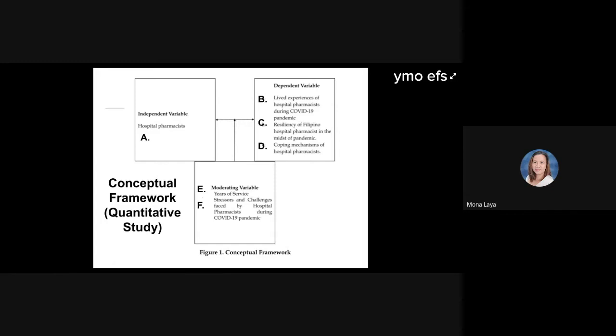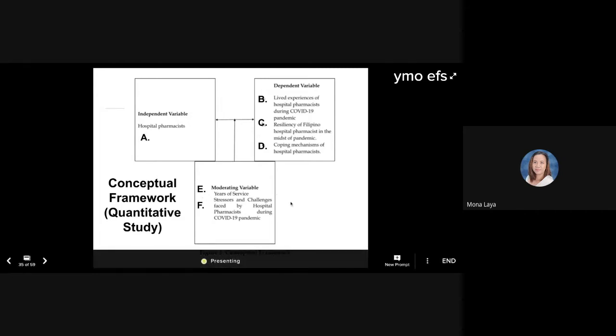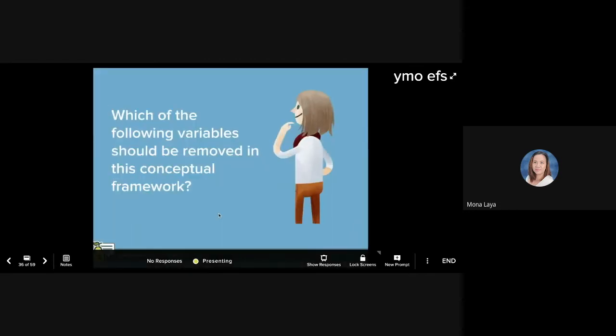Okay? So yeah, if you're going to look at this conceptual framework, you have the two headed arrows, okay? Pag two arrows that would tell us about the relationship, okay? So you have hospital pharmacies, lived experiences, resiliency, coping, then moderator, years of service, stressors, and challenges, okay?